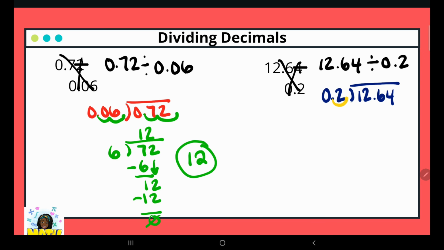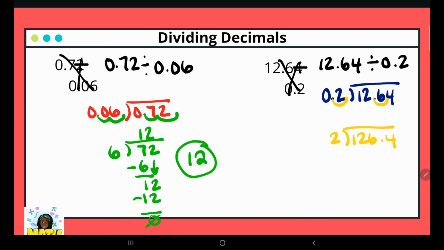So if I move 1 here, monkey see, monkey do. I'm going to do the exact same thing on the inside. So now I can rewrite this as 126.4 divided by 2. So here anything I do to the outside, I must do to the inside to ensure that I do not change the integrity of the problem.